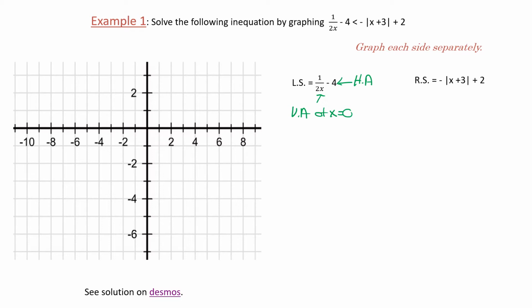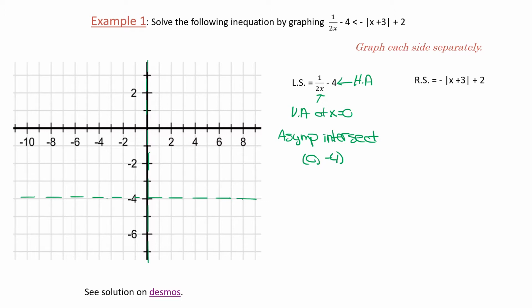So our asymptotes will intersect at 0, -4. So let's go ahead and put our asymptotes on the graph. That's a little hard to see, but the asymptotes are both there and they intersect at 0, -4.